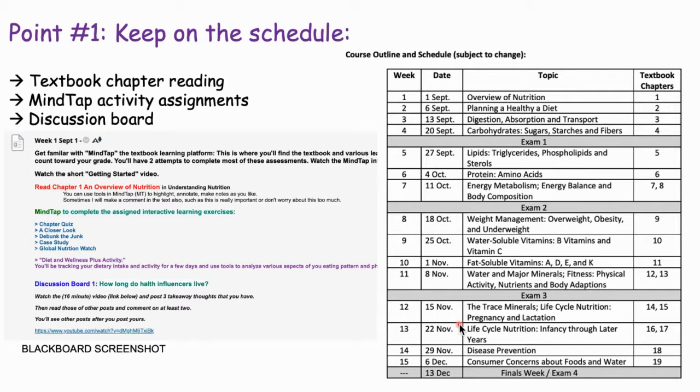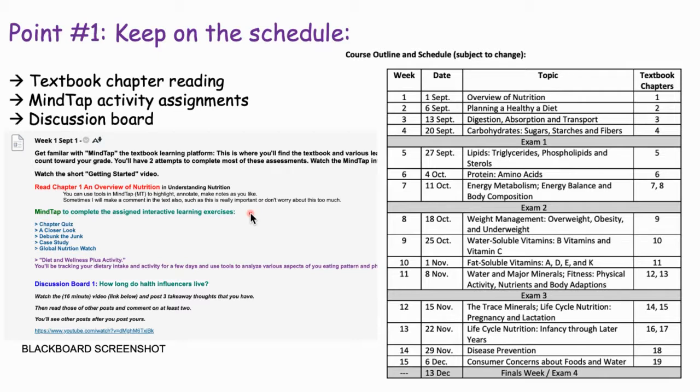And we put that together again and talk about diet, eating pattern, and health with chapter 18, disease prevention, and then another more food safety related chapter is 19. We wrap up with that, and then we're toward the end of the year already. So that's our schedule. Very important.